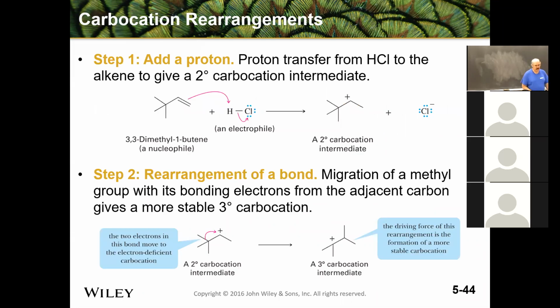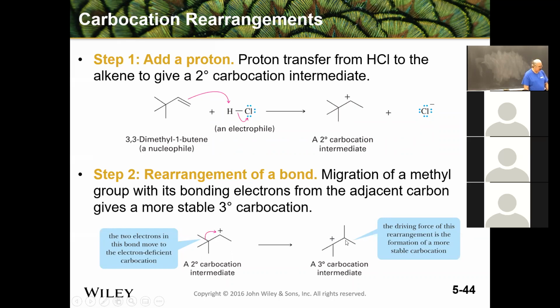Okay, so let's look at how that occurs. The first step is, as you would expect, the double bond picks up a hydrogen. According to Markovnikov's rule, hydrogen goes to position number 1. We get a secondary carbocation on position number 2. But then we have a rearrangement. This methyl group will migrate. It pulls out its electron pair, leaving an empty spot, and it plugs them in at this position.